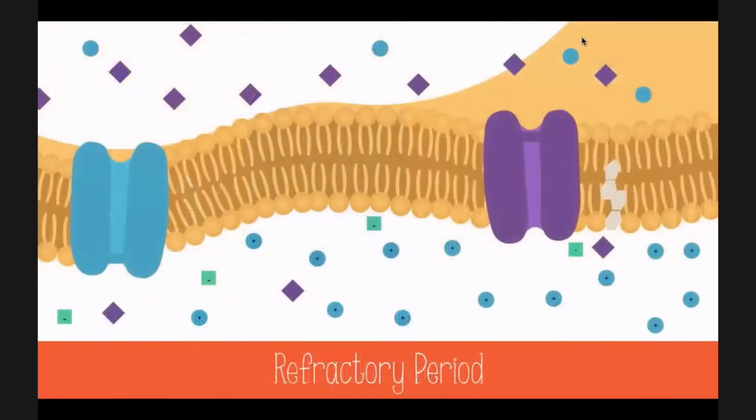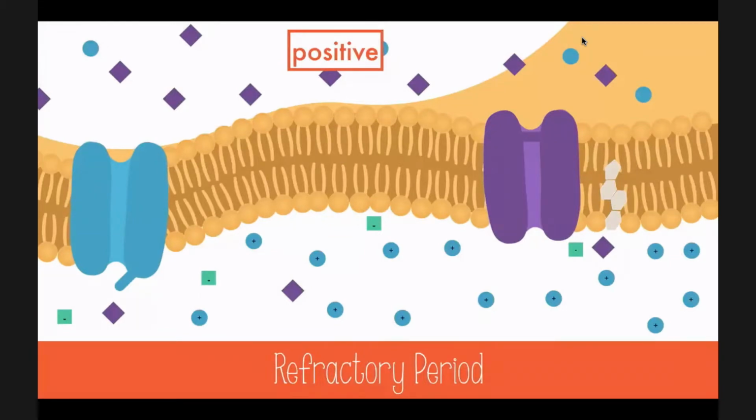At this time, you might think that the cell is ready to receive another signal, but it can't. If the sodium gates opened, the sodium ions would not move. In order for ions to move through their channels, they have to be able to move down the electrochemical gradient. The positive sodium ions aren't attracted to the positive environment outside of the cell, so they won't move. Another signal can't be sent until the sodium and potassium ions have moved back to their resting potential positions.